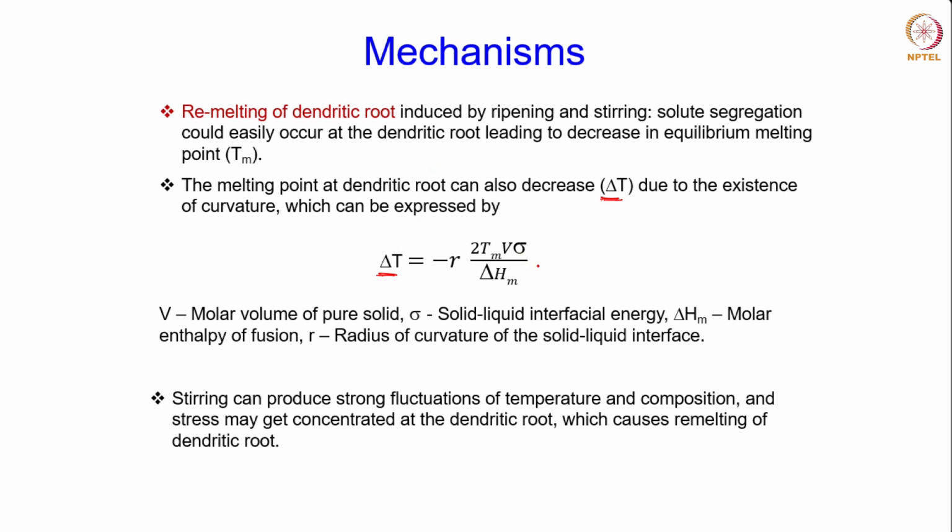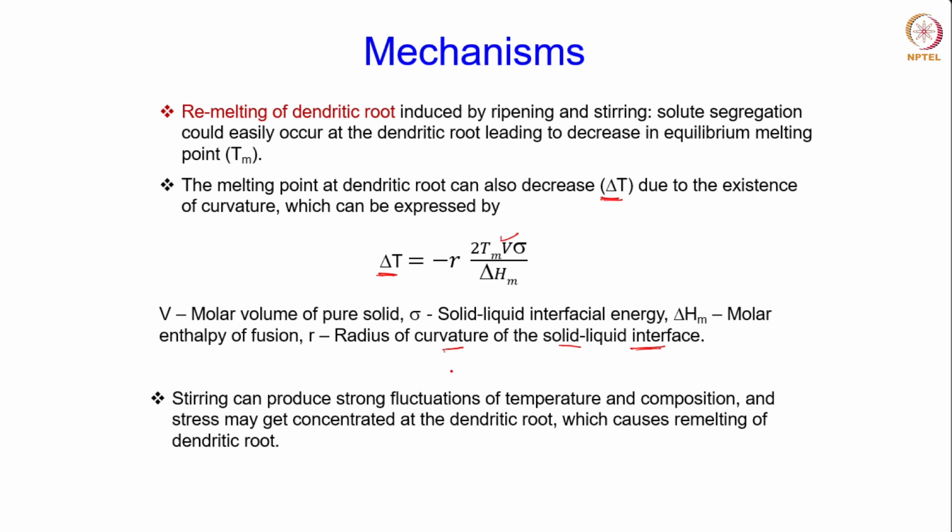Okay, and the other parameters that you see over here, V is the molar volume of pure solid, sigma is the solid liquid interfacial energy, delta HM is the molar enthalpy of fusion, and R is the radius of curvature of the solid liquid interface. Okay, so the segregation of the solute would lead to a curvature in the solid liquid interface.